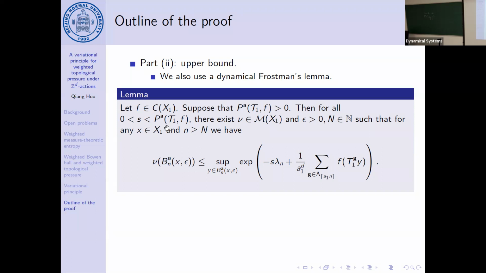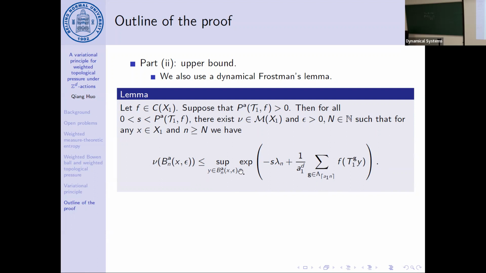Then for each s strictly smaller than this pressure, there exists a probability measure mu, epsilon positive, and a natural number N, such that for any x belonging to X1 and each n bigger than capital N, we can estimate the measure of the weighted ball in this way. Please recall that this quantity appears in the definition of weighted topological pressure.